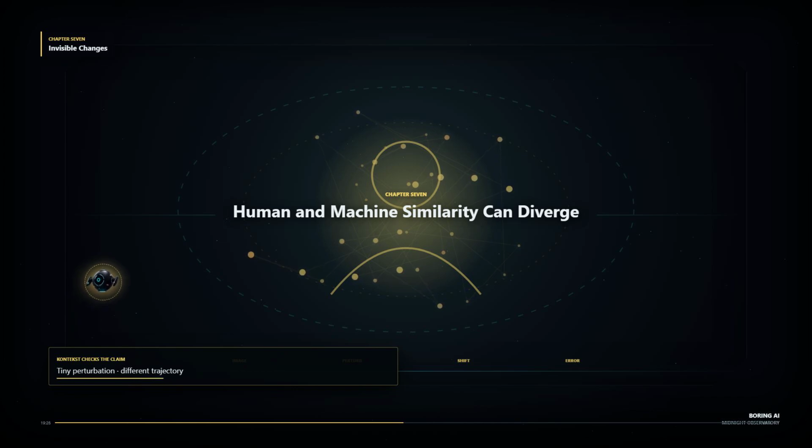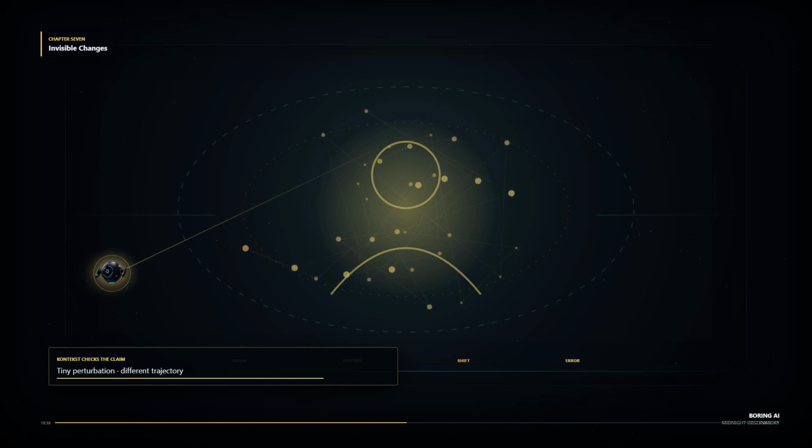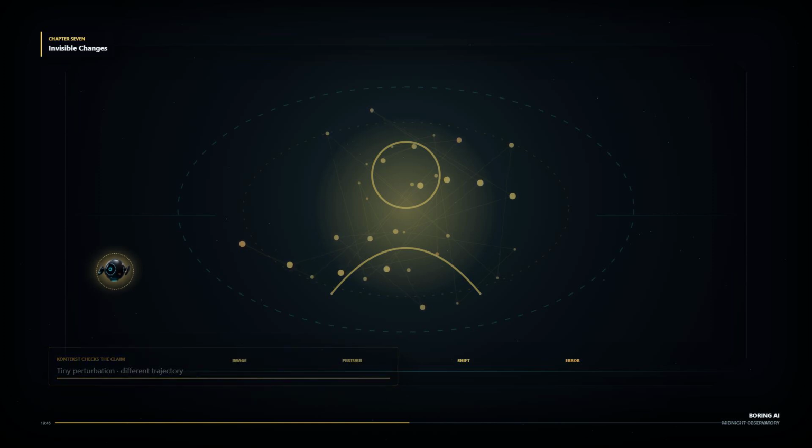Research on adversarial examples showed that deliberately chosen perturbations, sometimes too small for a person to notice, can cause a neural network to change its classification. The altered image may still look like the same boat to us, while the model's internal trajectory moves toward another category.